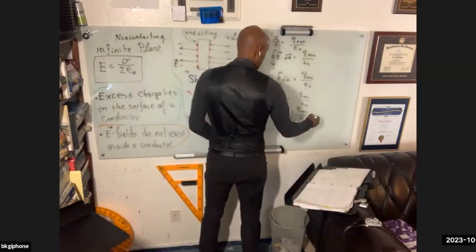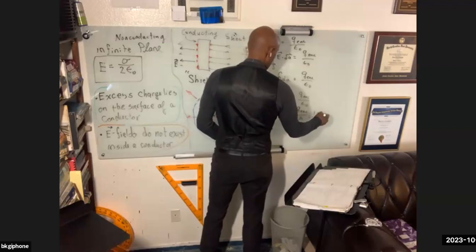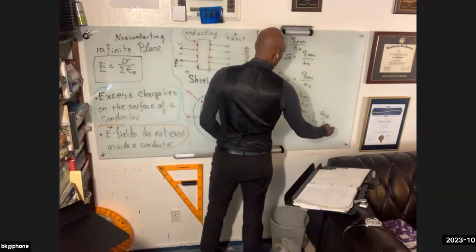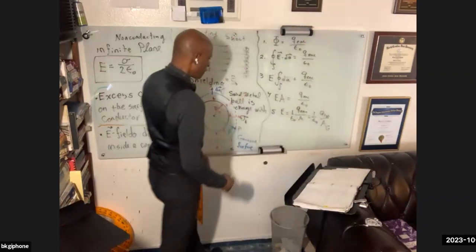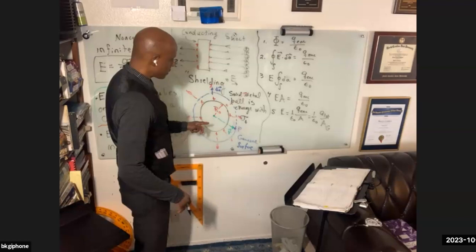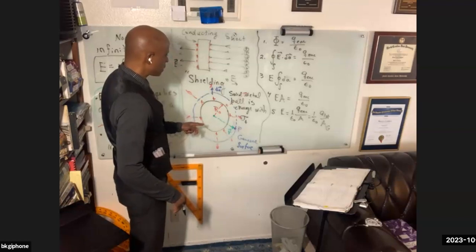That becomes 1 over epsilon naught, charge total over the area of the Gaussian, remember? Sorry, not the area. Yeah, that's the area of the Gaussian.